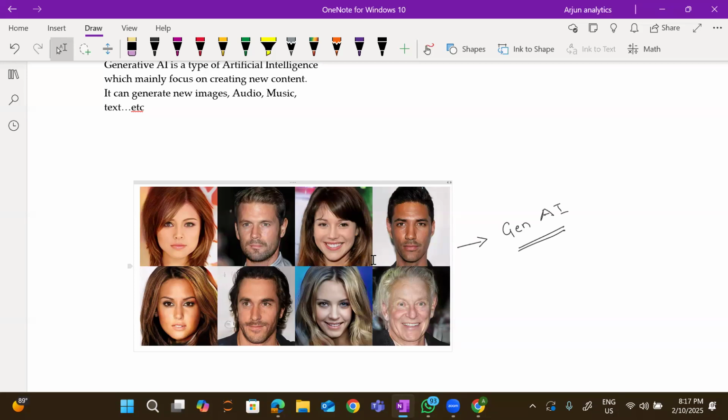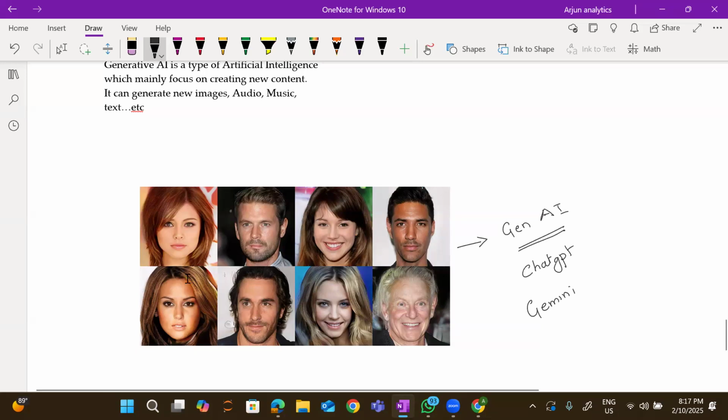Examples of generative AI are ChatGPT, Gemini, and DeepSeek. All these are products based on generative AI.